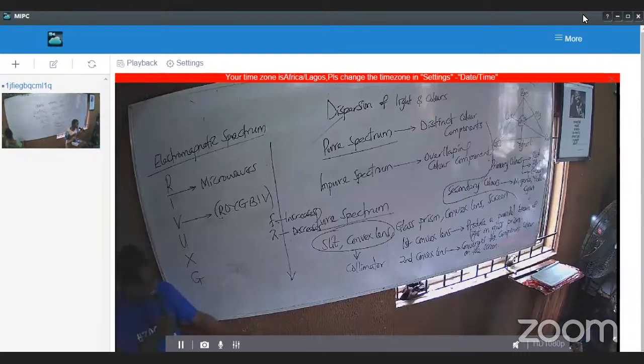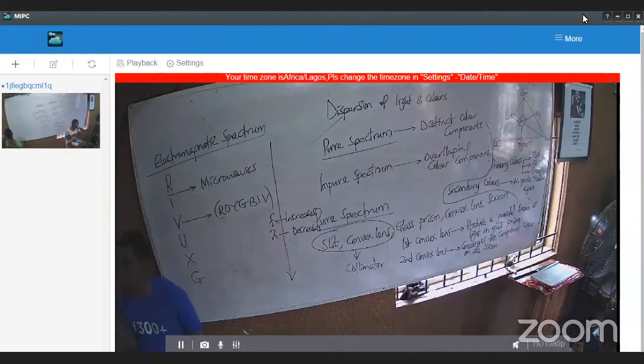Gamma has the highest frequency but the shortest wavelength. Radio waves have the longest wavelength but the lowest frequency. Which of them makes an object become very hot? Infrared.